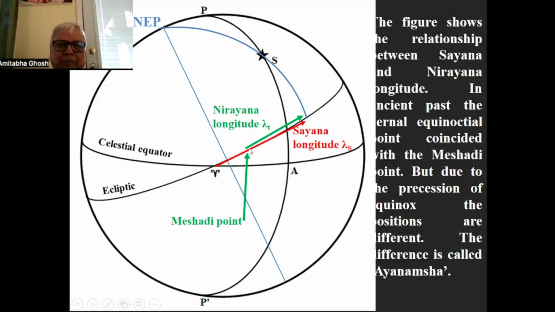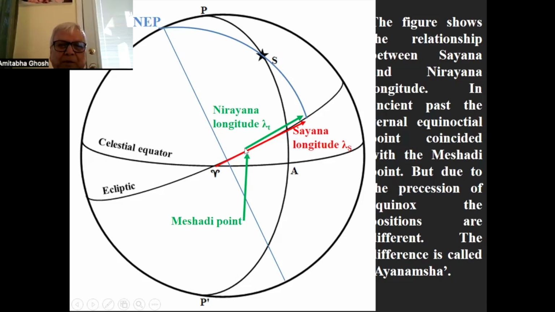In the Indian system, it is the Meshadi point. Why is it here? Because when the Indian system started at Meshadi, at that time, over 2000 years, this has shifted towards the west. Originally, they were more or less at the same location.